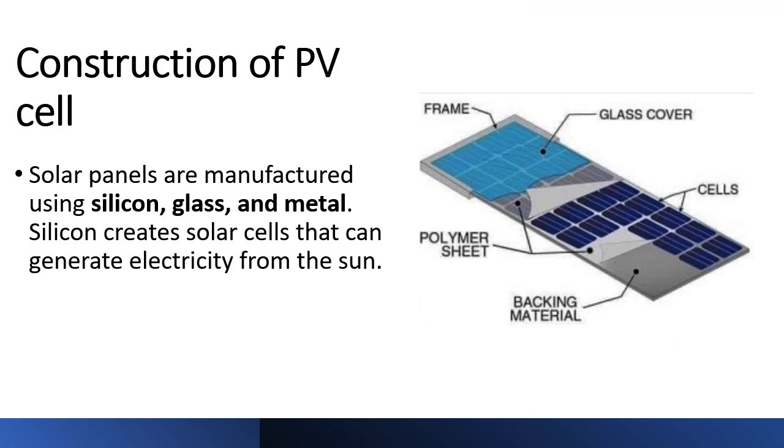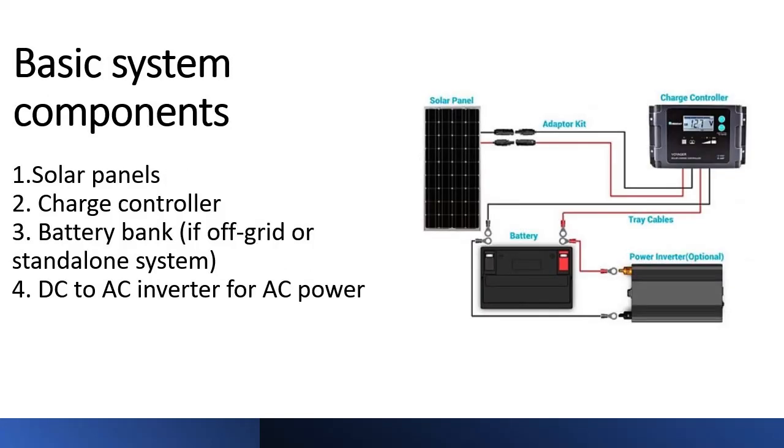Solar panels are manufactured using silicon, glass, and metal. Silicon creates solar cells that can generate electricity from the sun. Basic components of a solar system are: Number 1, solar panels. Number 2, charge controller.